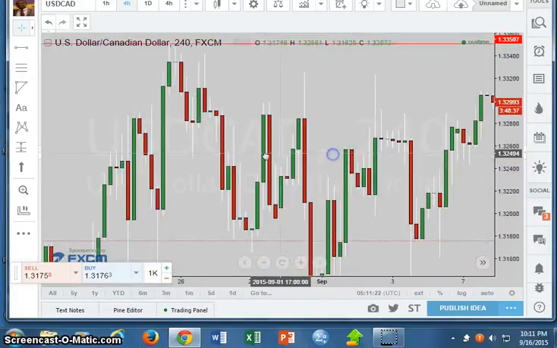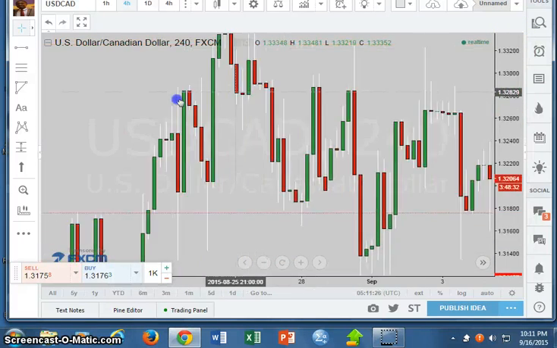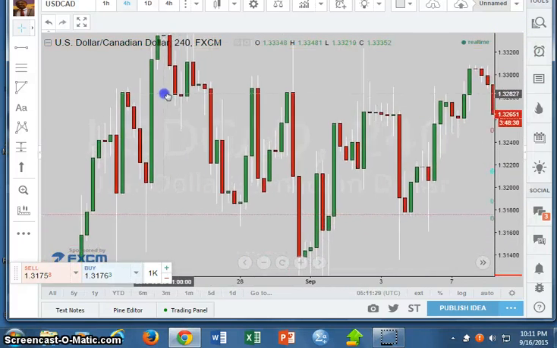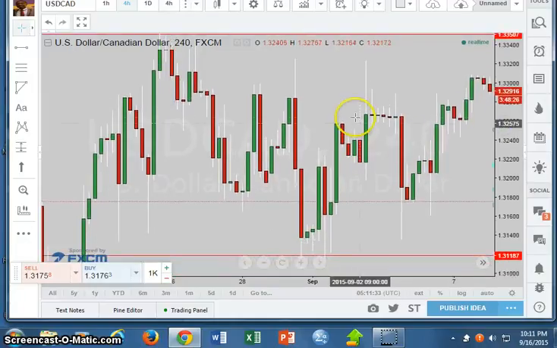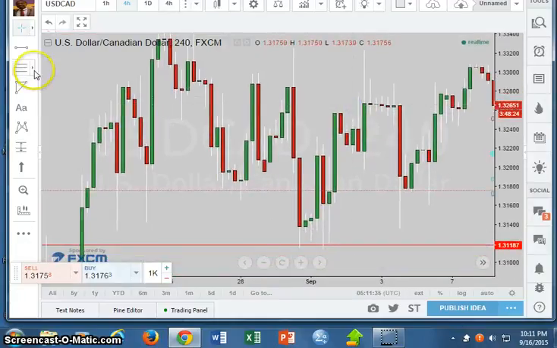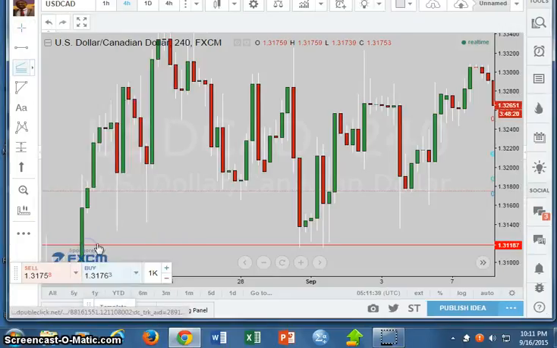Next, I want to show an example of how we use Fibonacci expansion, right? So let's change our tool to Fibonacci extension or Fibonacci expansion. With Fibonacci extension, we're basically looking at where the market is extending or where it's most likely to turn.